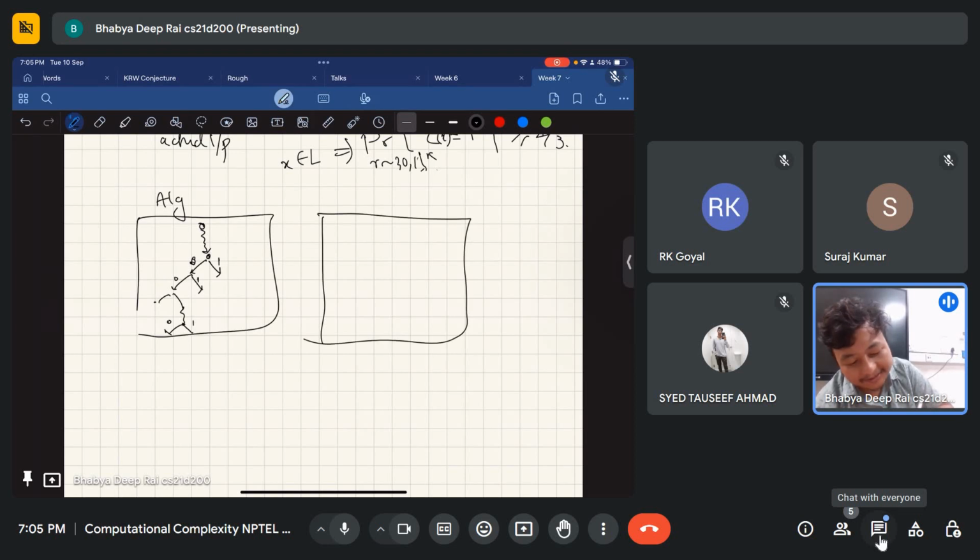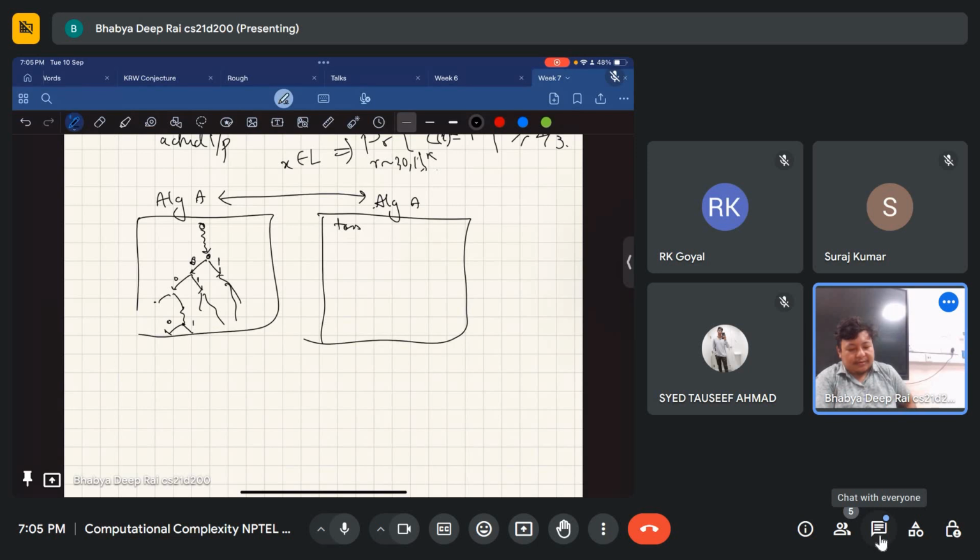Another way to view the same algorithm is that instead of tossing coins on the way, it tosses all the coins in the beginning only.